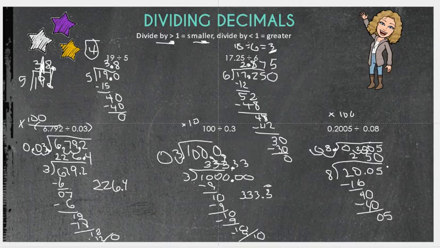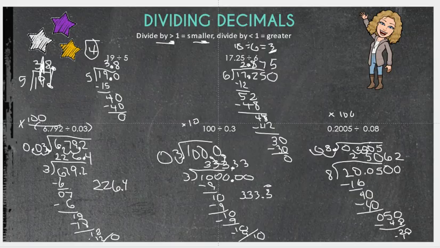All right, and then we have to add another 0 so that we can keep going. 8 goes into 56 7 times, which is 56. I have to write really small because I'm going to run out of space. Subtract and get 2. Add another 0. Bring that down. 8 goes into 20 2 times.